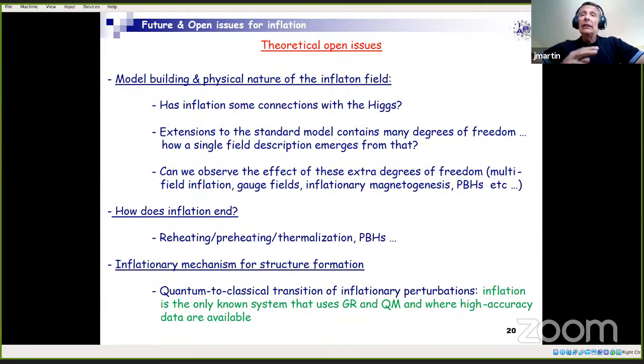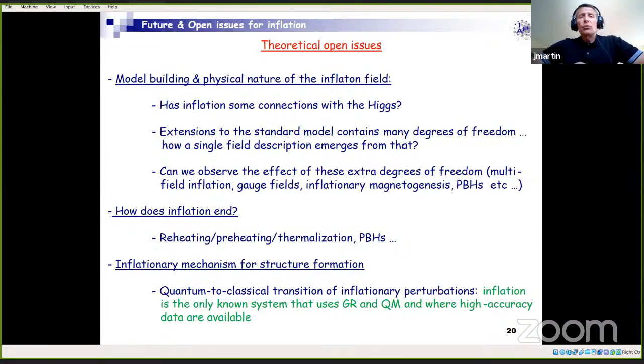We have seen in the lab only one scalar field, which is the Higgs boson. So an obvious question is, does inflation have some connection with the Higgs? Another interesting question is that inflation probably takes place at very high energies.